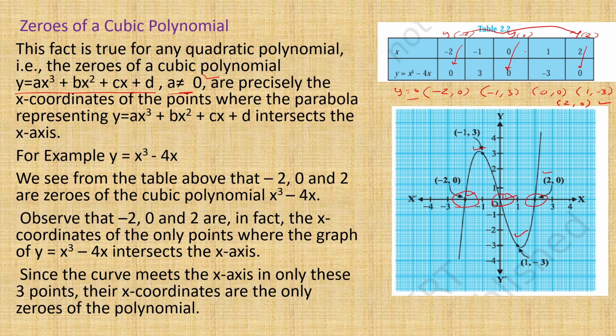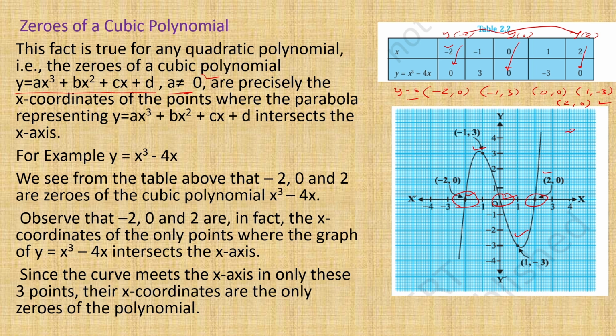So these 3 points are called zeros of the cubic polynomial, because in one case the value of y at these 3 points is 0, and in another case the graph also says the same thing, that is, the graph touches or intersects the x-axis at these 3 points. So these 3 points are called zeros of this cubic polynomial.